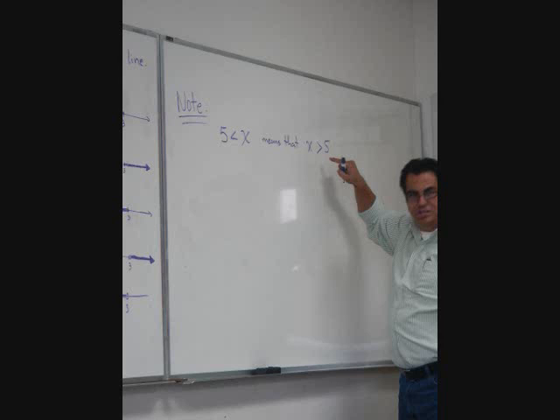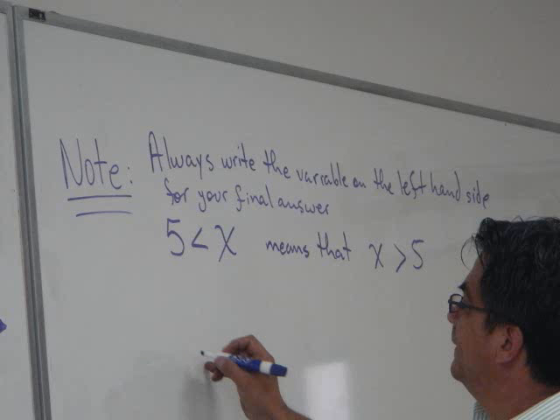If you have something like 5 is less than x, if that's your answer to a problem, my advice to you is before you try to graph it, rewrite it. If 5 is less than x, what can I say about x? x has to be greater than 5. Write it this way. Trust me on this. When you're shading, if you try to graph this one, many of you, even though you're conscious, I'm telling you right now that you make that mistake, you want to shade to the left because you see the less than sign right here.